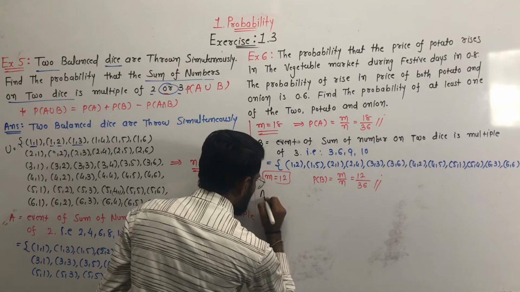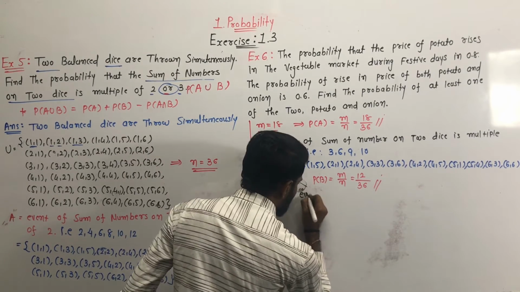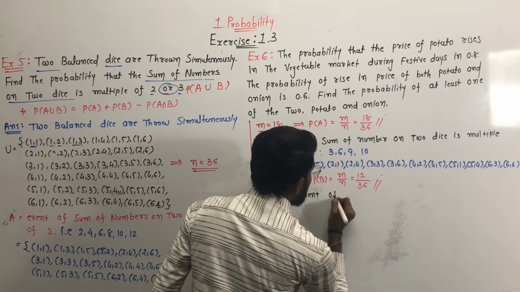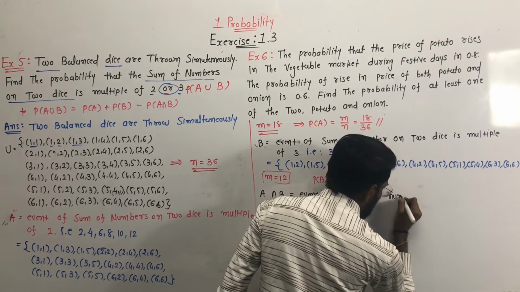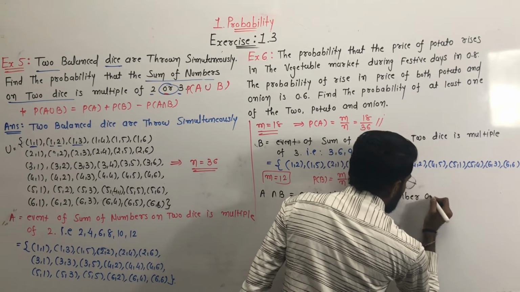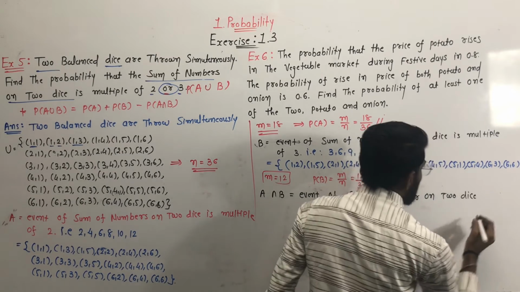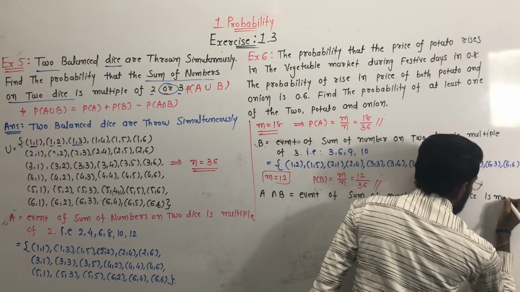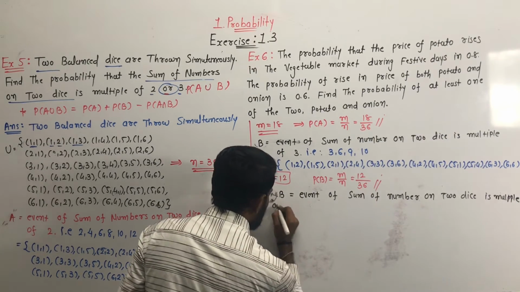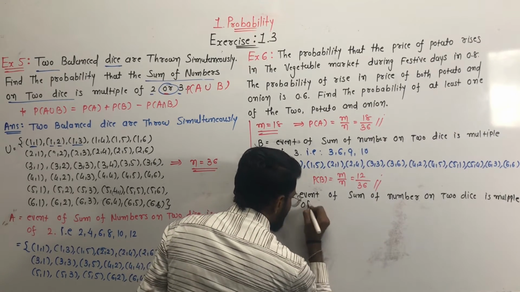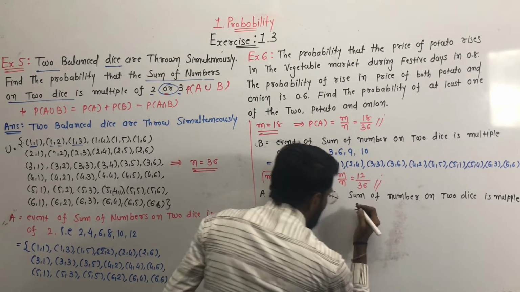Yes, so the intersection of event A and B is the event that the sum of the numbers on the two dice is a multiple of 2 and 3.